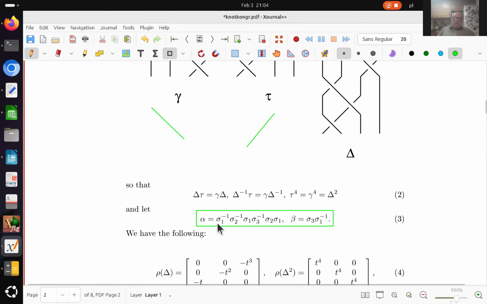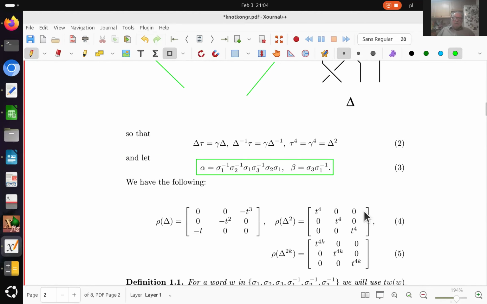The other a little more complicated, sigma 1 inverse times sigma 2 inverse times sigma 1, sigma 3 inverse, sigma 2, sigma 1. If you are familiar with the homotopy approach to the braid group, you would probably see that they do not differ much. They are basically the same thing if you look at them appropriately.